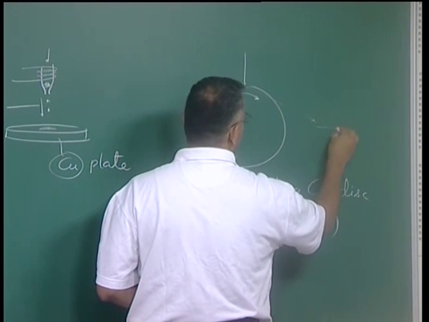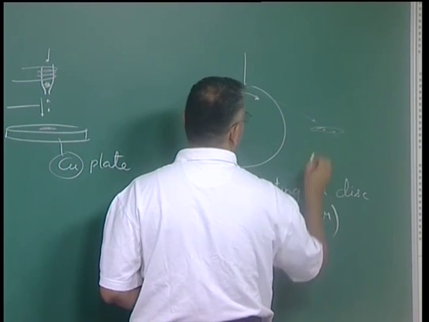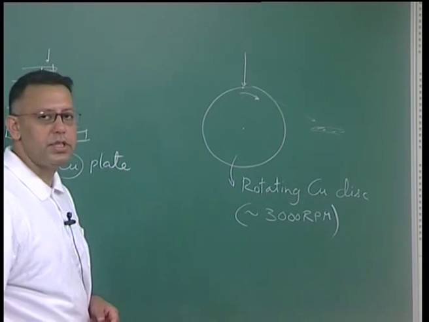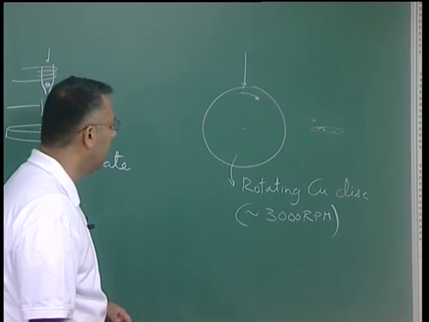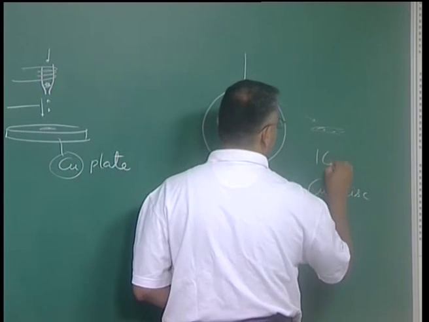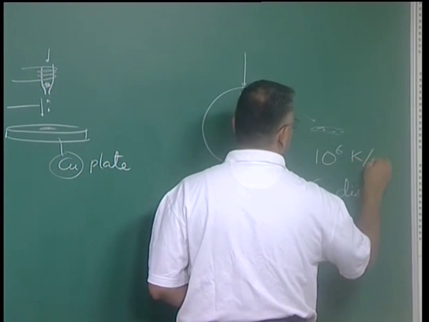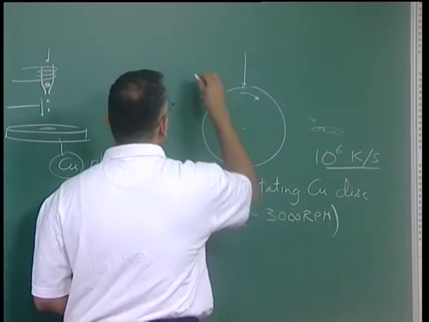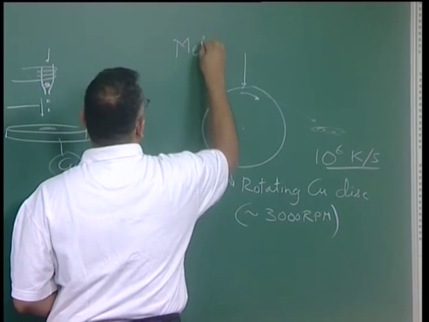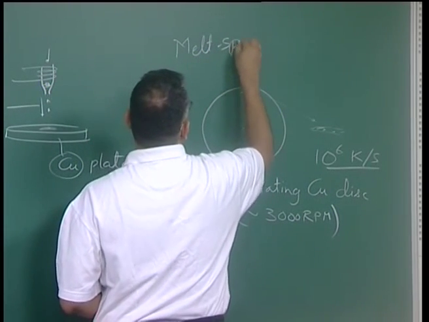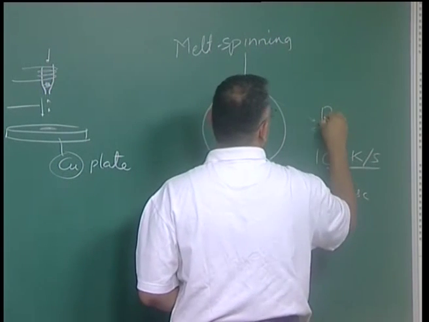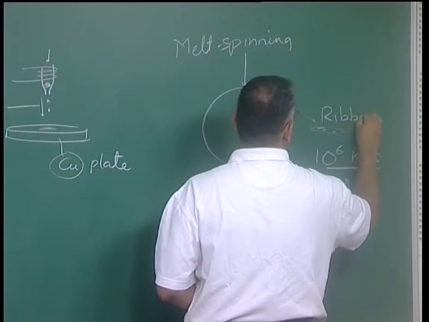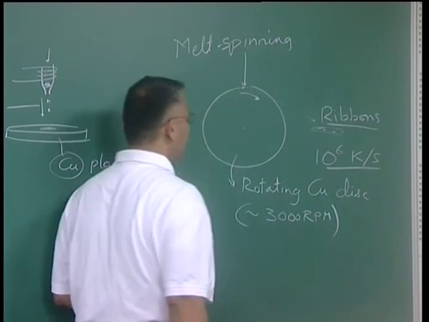So, you will get a thin sheet which comes out of it, and most of it would have felt a very high cooling rate of the order of about 10 power 6 Kelvin per second. This process is known as melt spinning, and it gives you ribbons.